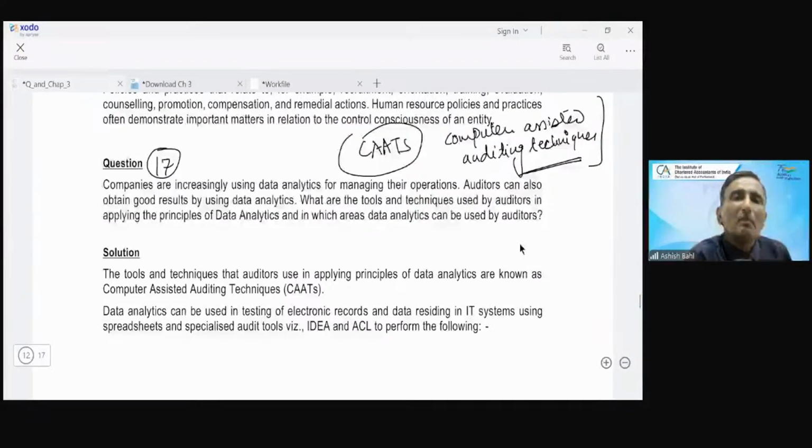From the topic of data analytics and digital audit, a very short reference is there in your module. So only these two questions can be made, which we have discussed. One is the meaning and benefit of digital audit, and second is the use of data analytics, in which areas data analytics is being used by auditors. Okay.